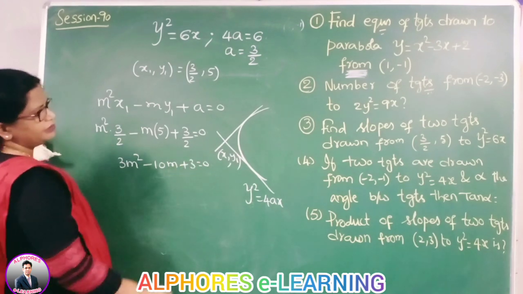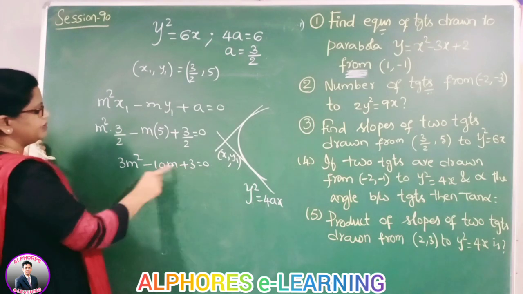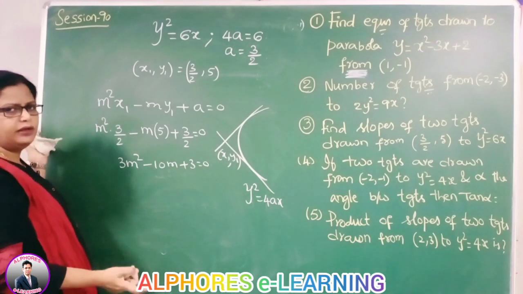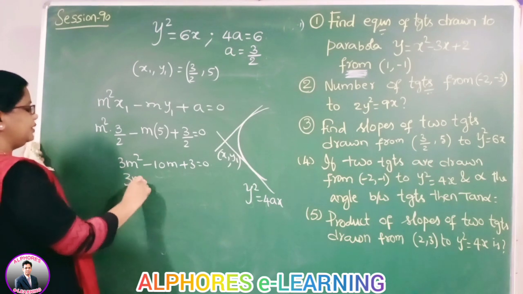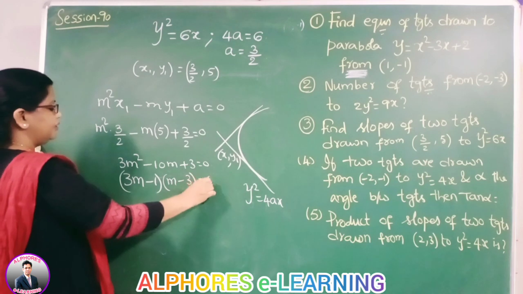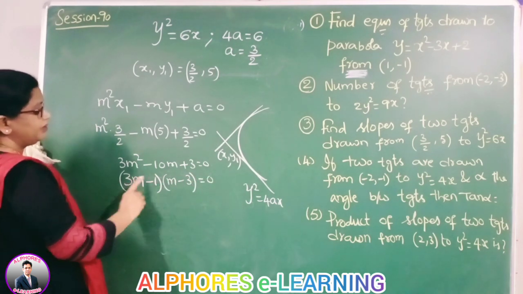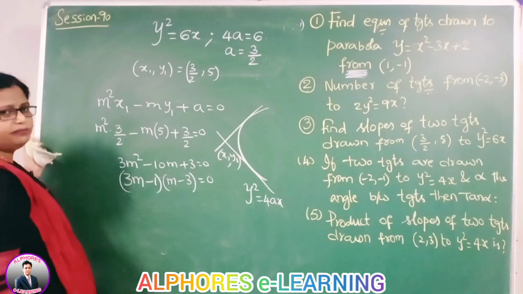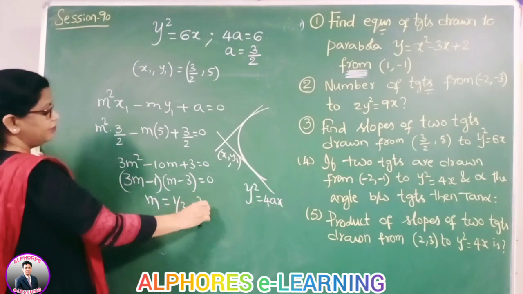So now here the question is here, find slopes of 2 tangents. If we solve this quadratic equation, we can obtain easily the 2 slopes. So what are those here? 3m minus 1 into m minus 3 equal to 0. Okay, so this one 3m square minus m here minus 9m. So this is our value. Then what are slopes, students, here? Those are 1 by 3 comma 3.